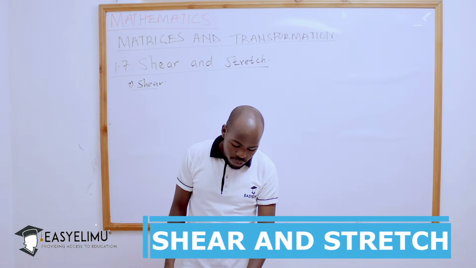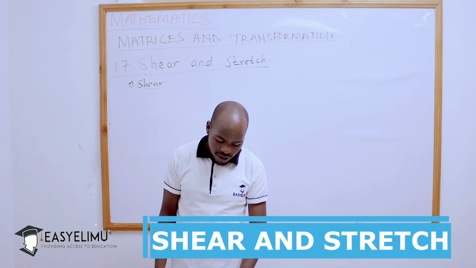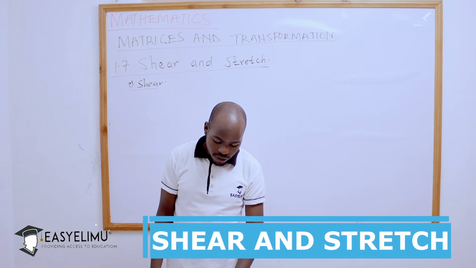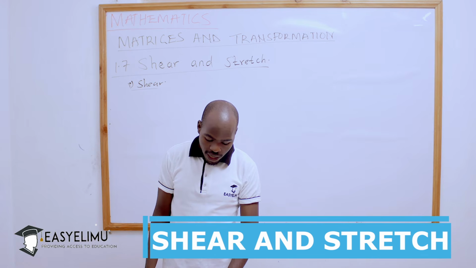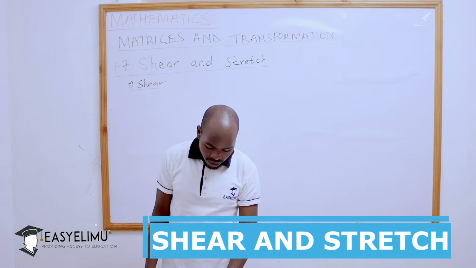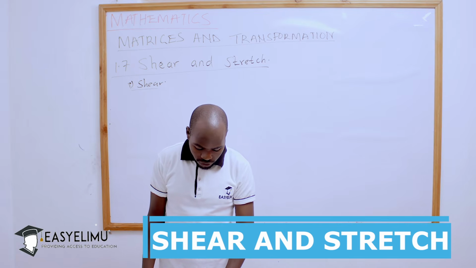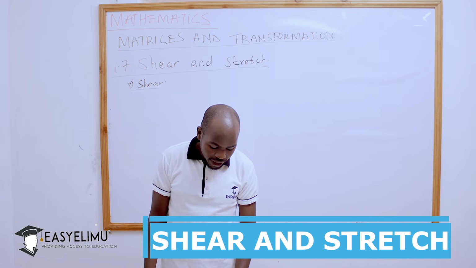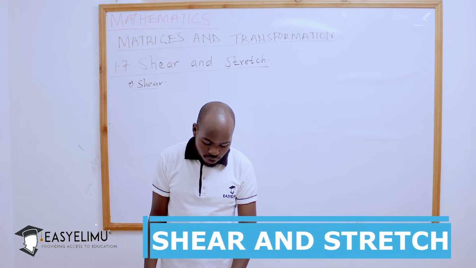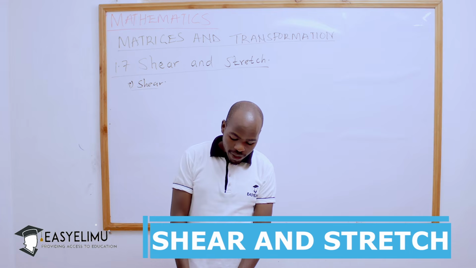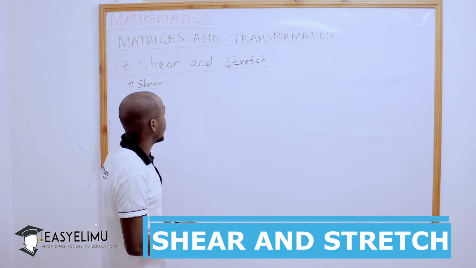Triangle AOB has vertices at O, which is 0, 0, A is 3, 0, and B is 3, 4. Show on a diagram its image under a shear whose matrix is 1, 0, 2, 1. Let's see.